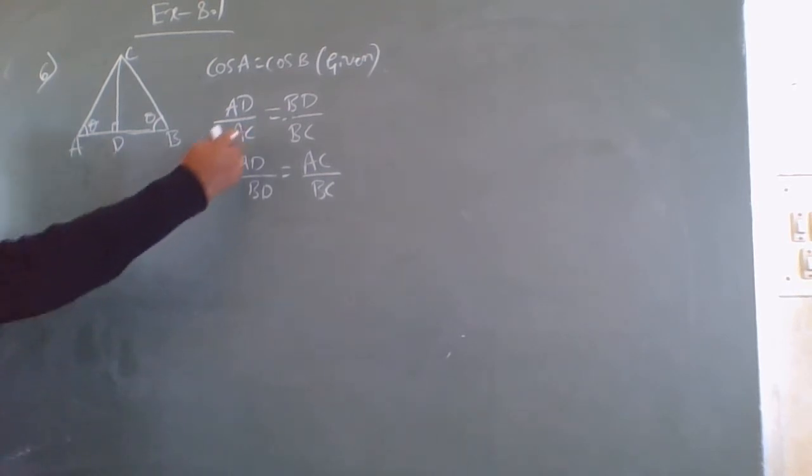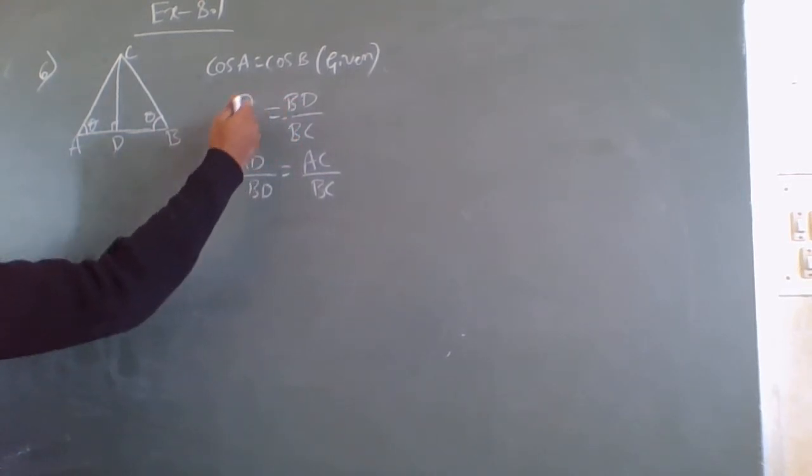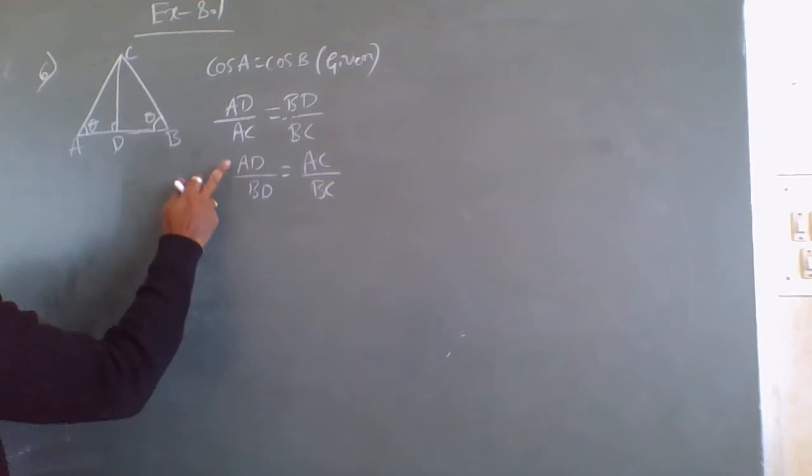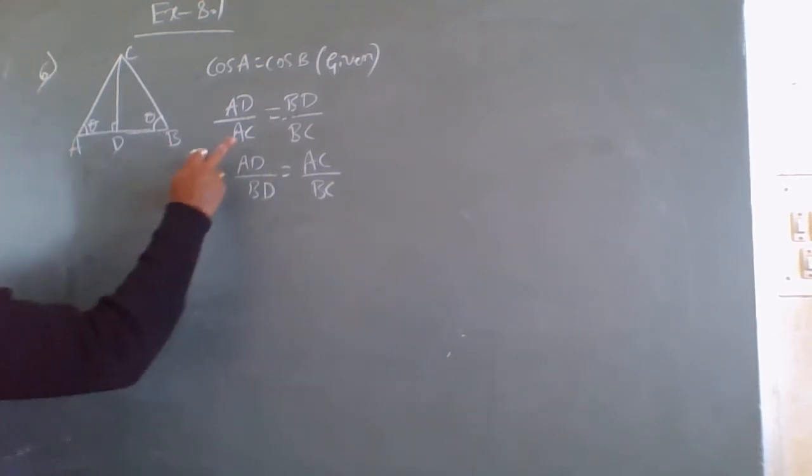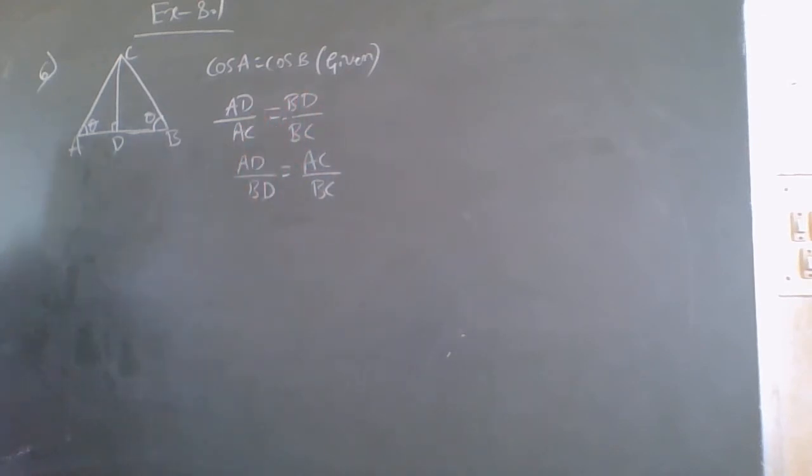See here carefully what I did. I have taken this BD to the left hand side, so it becomes denominator, AD by BD, and I take this AC to the right hand side, so it becomes AC by BC.